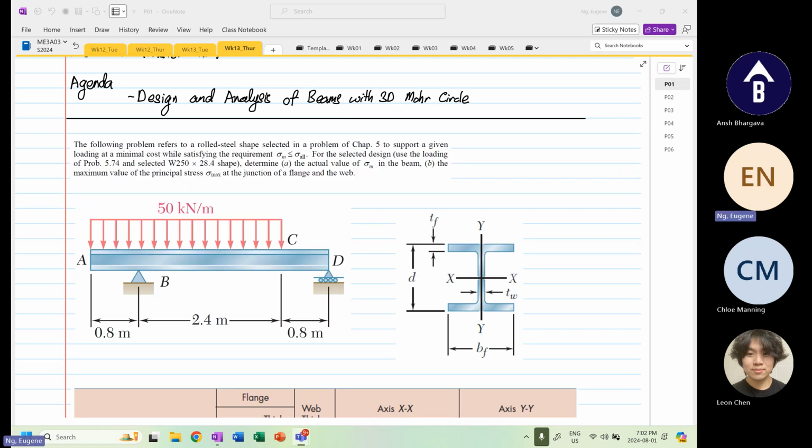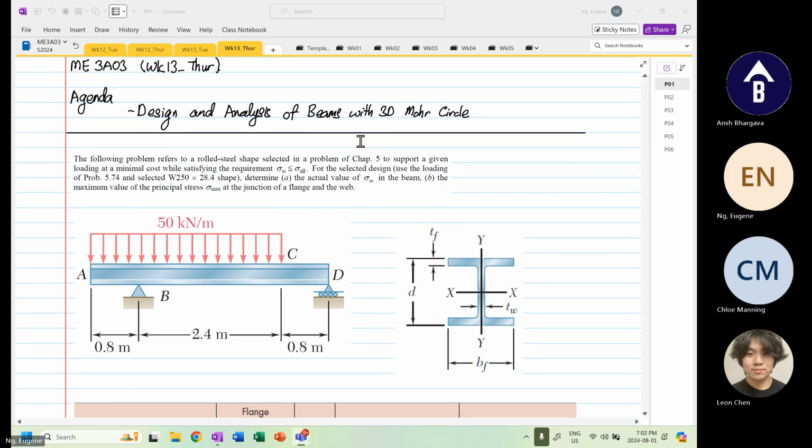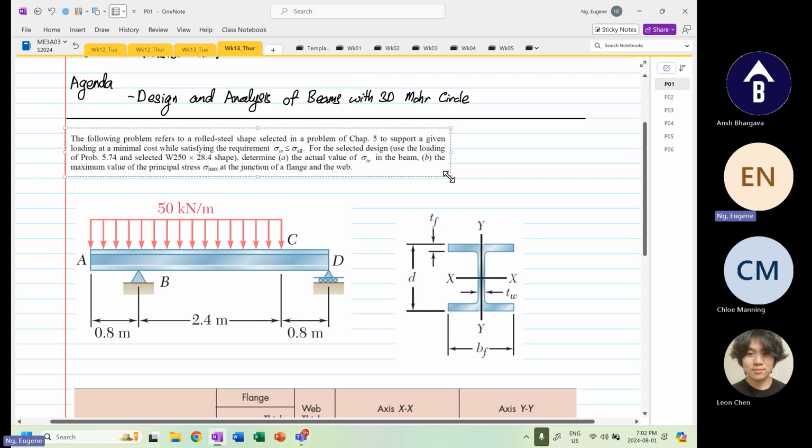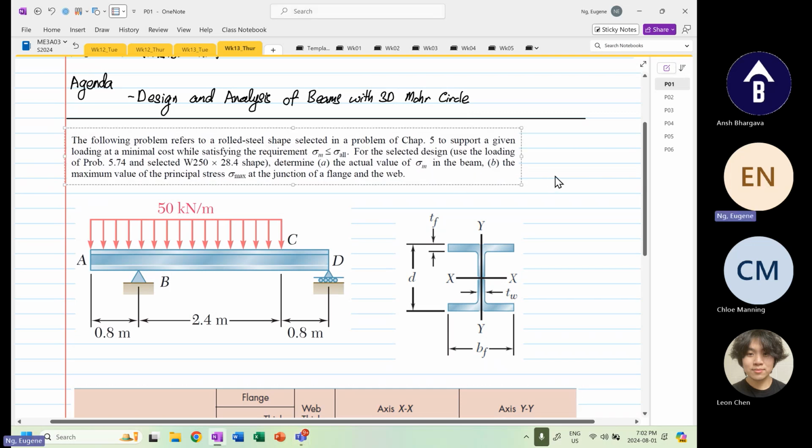So today we are going to do design and analysis of a beam with 3D Mohr's circle. This is one question, but we are going to apply 4 different topics to solve a problem like this. So we have an overhanging beam, as you can see.